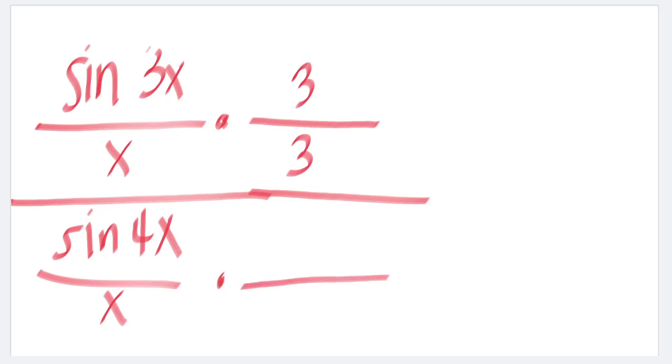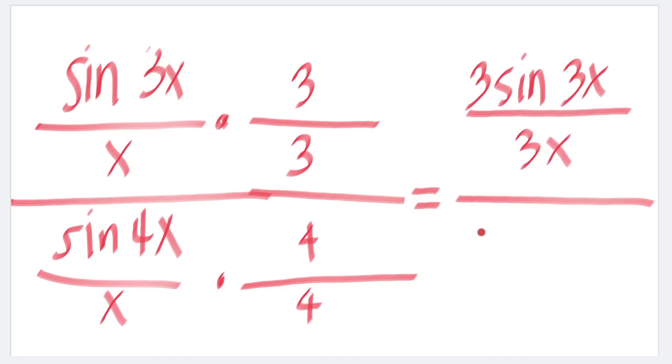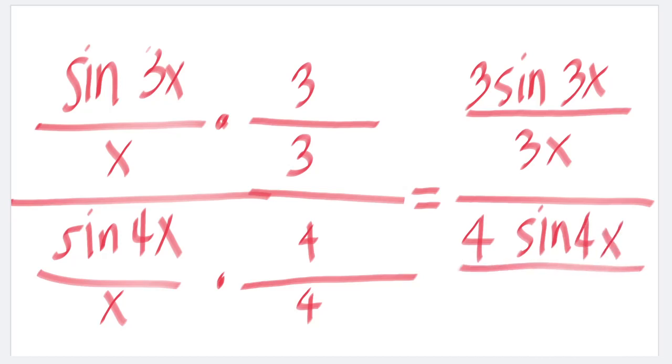The same goes for the denominator: multiply it by 4 and 4, so that the resulting function would be 3 sine 3x over 3x all over 4 sine 4x over 4x.